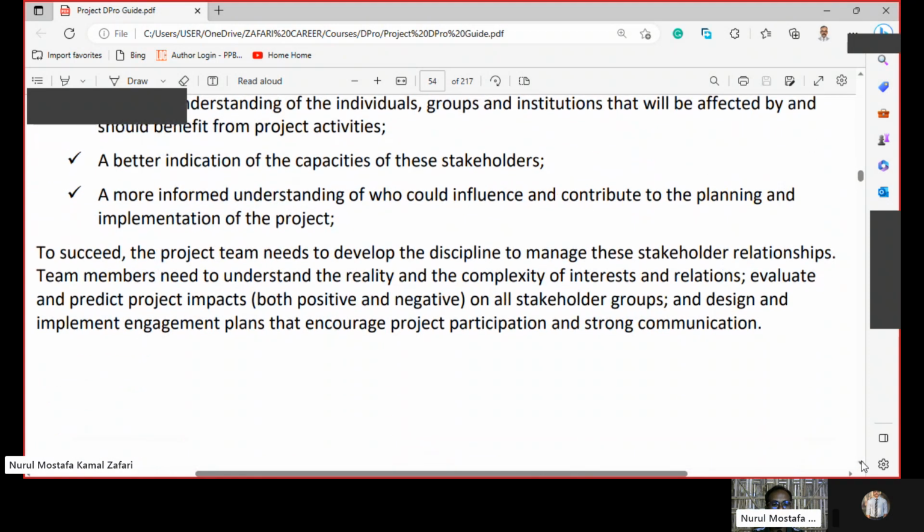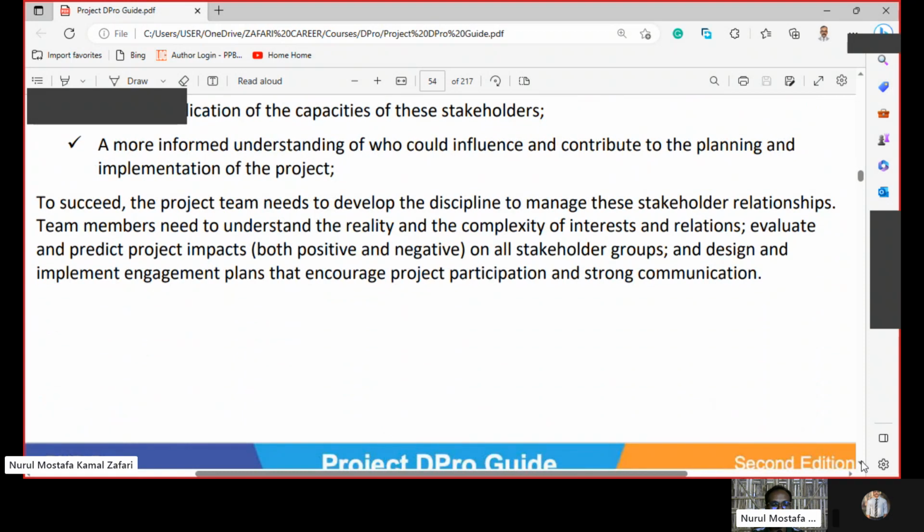They also get a better indication of the capacities of these stakeholders, and a more informed understanding of who could influence and contribute to the planning and implementation of the project. To succeed, the project team needs to develop the discipline to manage these stakeholders' relationships.